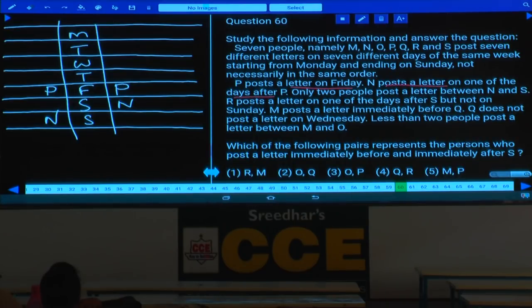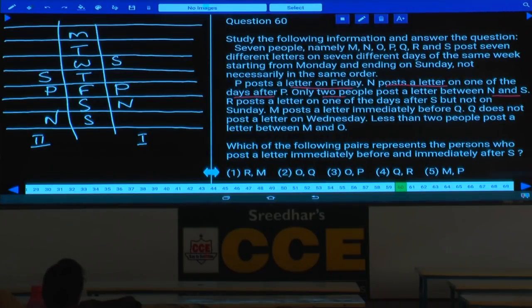Only two people posted a letter between N and S. Between N and S, there must be exactly two. Hence, in the first case, S must be on Wednesday, and in the second case, S must be on Thursday, because between N and S, there must be exactly two people.